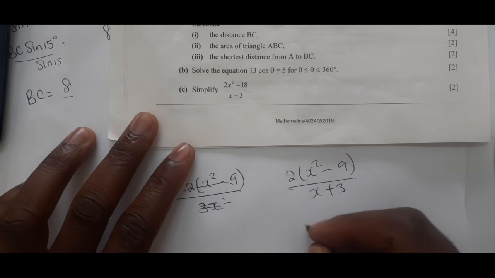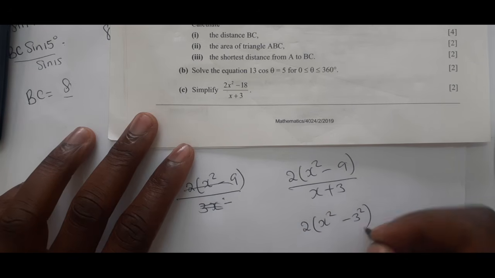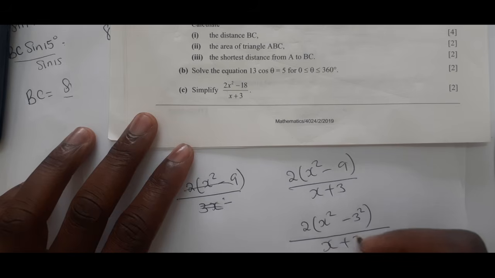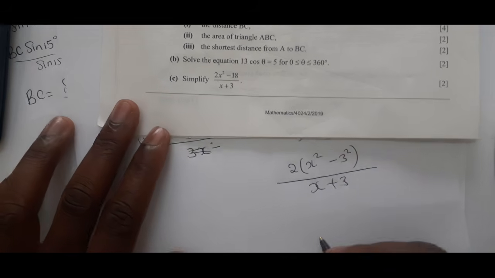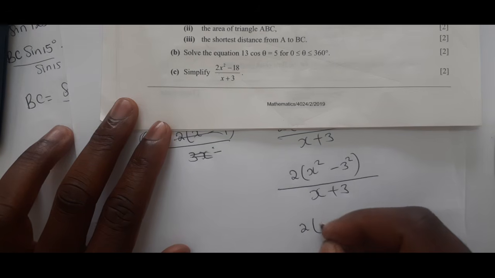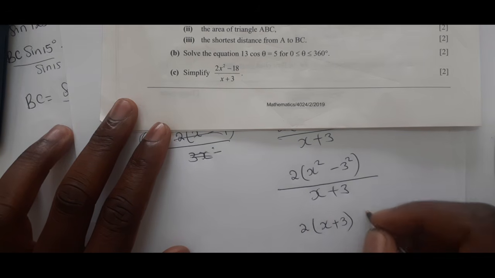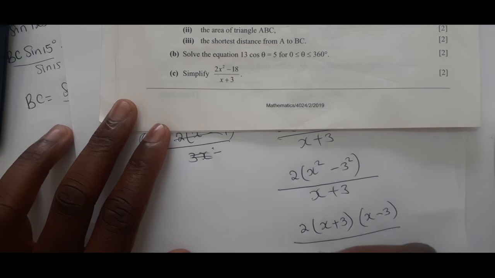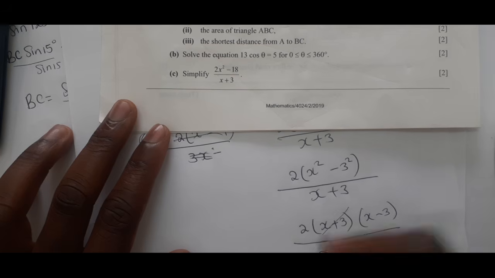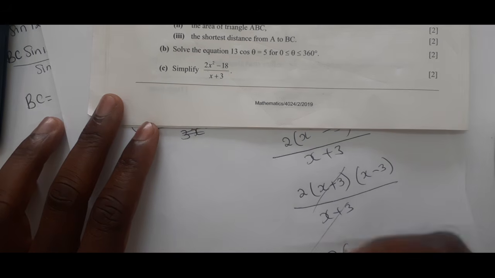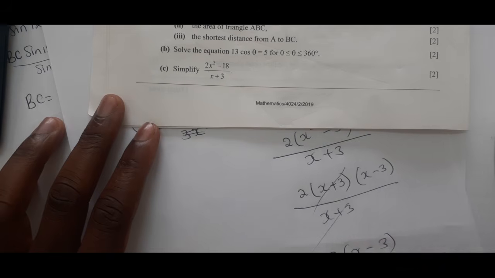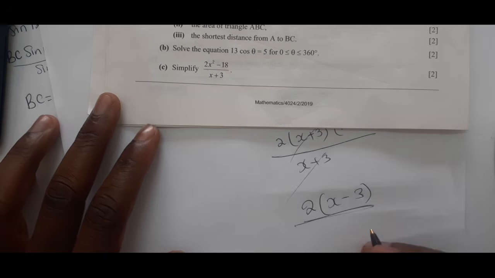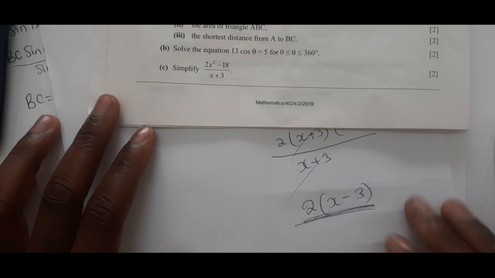We can use a difference of 2 squares here. x squared minus 3 squared over, we go further and say 2, x plus 3, x minus 3, using a difference of 2 squares, then x plus 3. So this and this will simplify. Then we're going to have x minus 3 as our answer. x minus 3 will be our final answer.